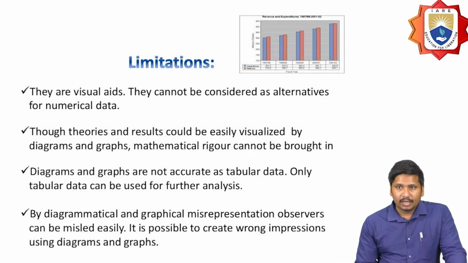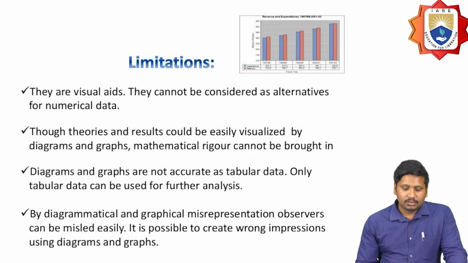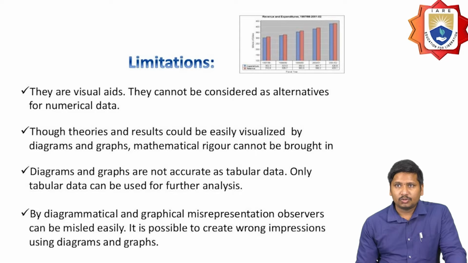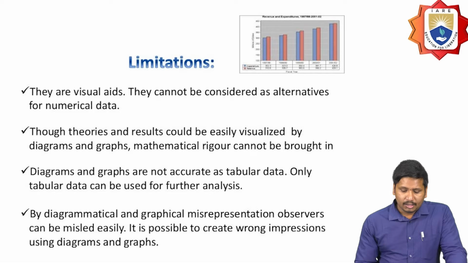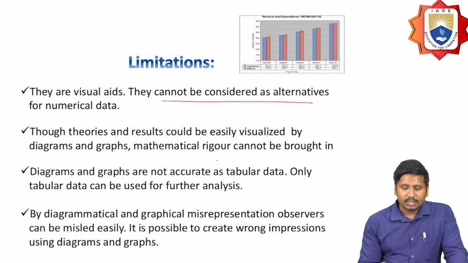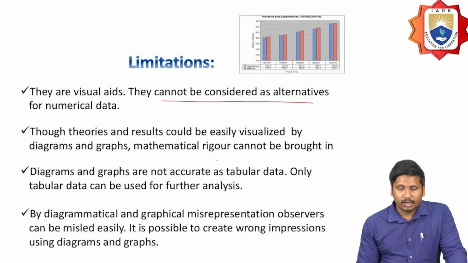Observers can easily understand diagrammatic and graphical representation, but it is also possible to create wrong impressions using diagrams and graphs. So these are visual aids, and the limitations have to be kept in mind before drawing these graphics.